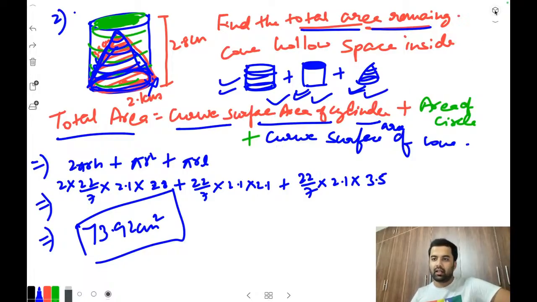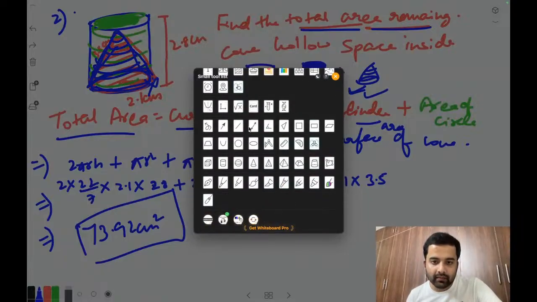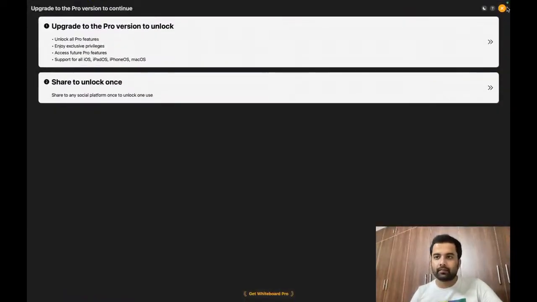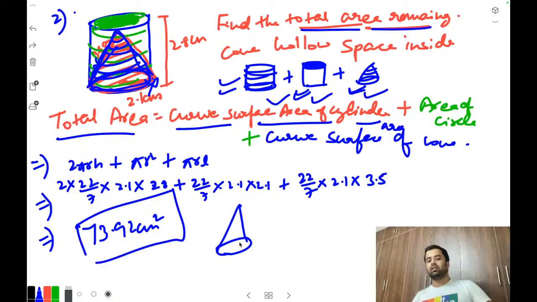Let me check if we can get any diagram here. Wait, we have it here. This is a cone. This cone shape you had cut down from the cylinder. Which part can you easily touch after cutting it from the cylinder?